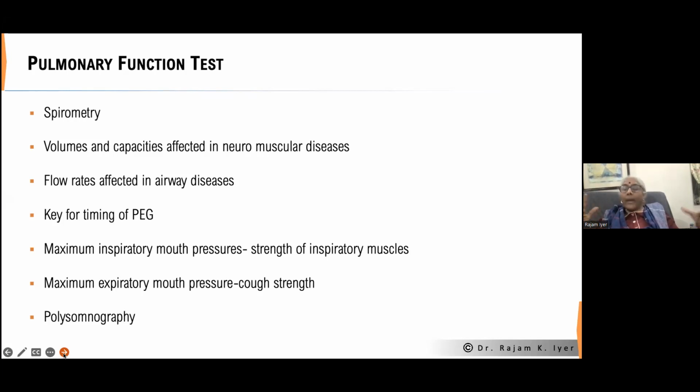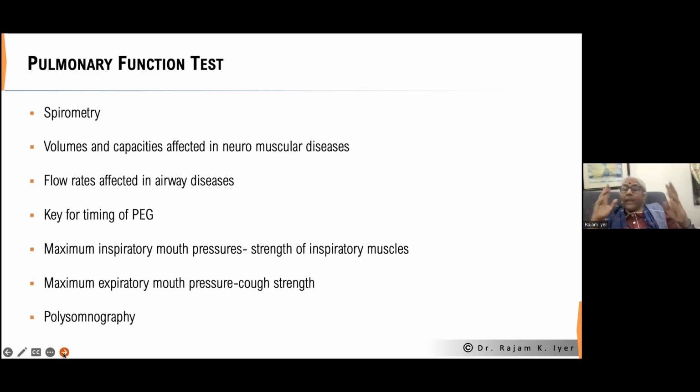Okay. When you're talking of restrictive lung diseases, what has happened to the lung? The parenchyma has become... the lung has shrunk. So what happens? Volumes and capacities of the lung are reduced. So FVC, residual volume.